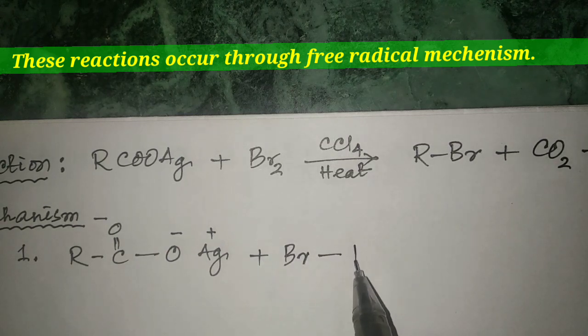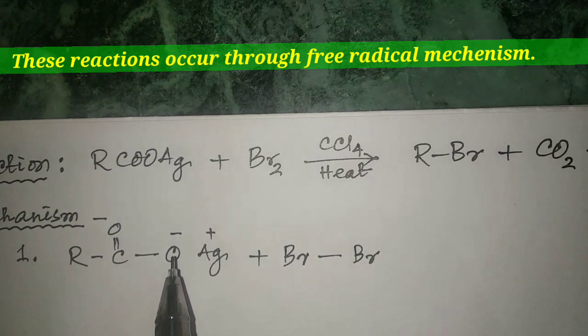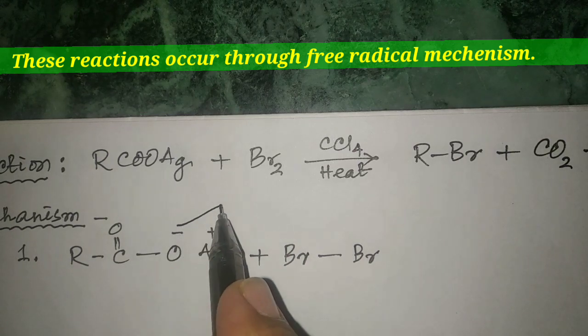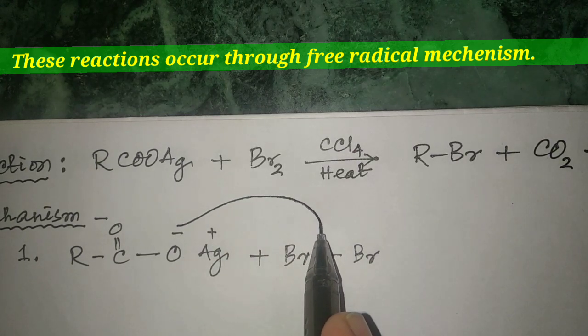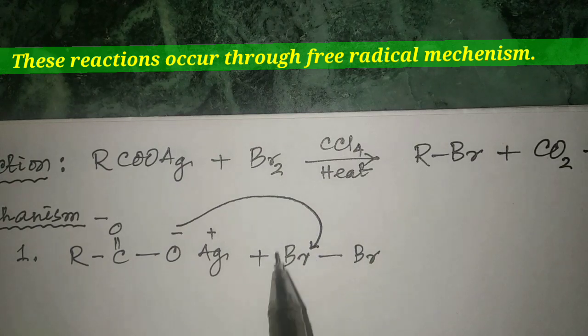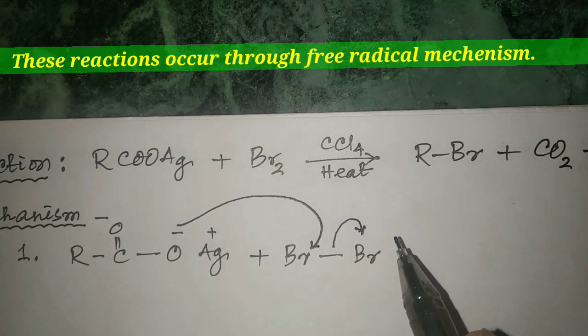This molecule polarizes the bromine molecule. Bromine itself is non-polar, but in the presence of this salt, these poles, this molecule gets polarized. The negative pole of this salt interacts with one positively charged site of this bromine molecule, as a result of which this pair of electrons will be shifted to the other bromine atom.